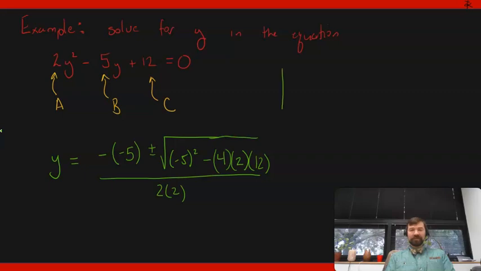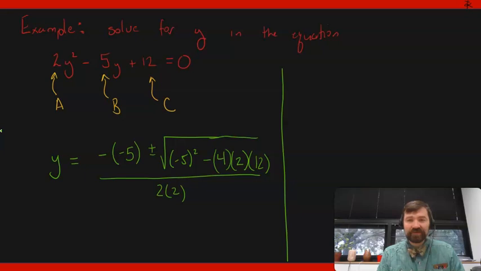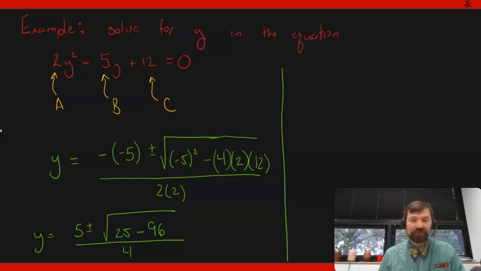And so from here, you may use calculators or something. You've got y is equal to 5 plus or minus the square root of 25 minus, and this is 4 times 2 gives me 8, times 12 gives me 96. So minus 96, divided by 4.